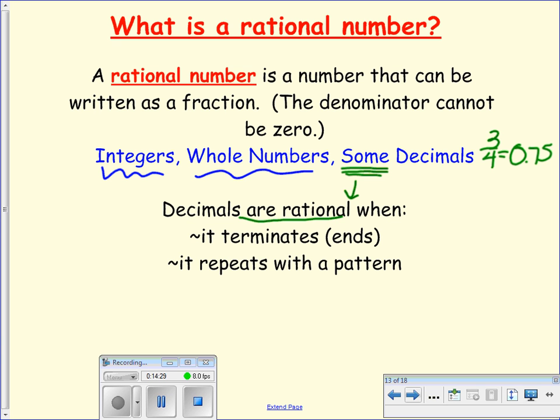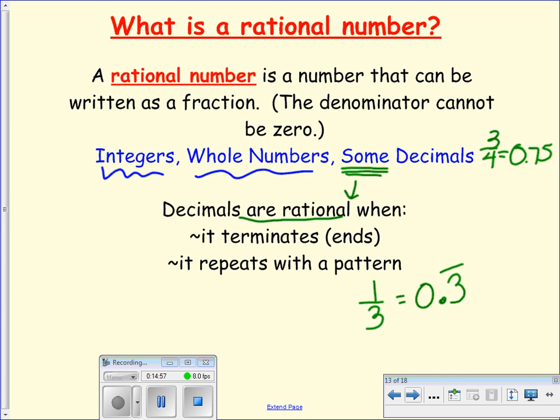Hopefully nobody will ever terminate my job. So terminate means to end. Or it repeats with a pattern. So 1/3 is a rational number because that's 0.3 and it repeats. 0.3333, so we write it with bar notation. So these are more rational numbers.